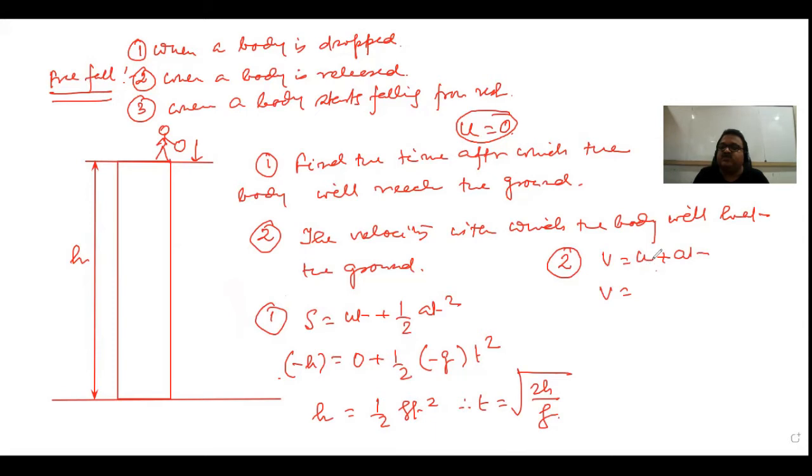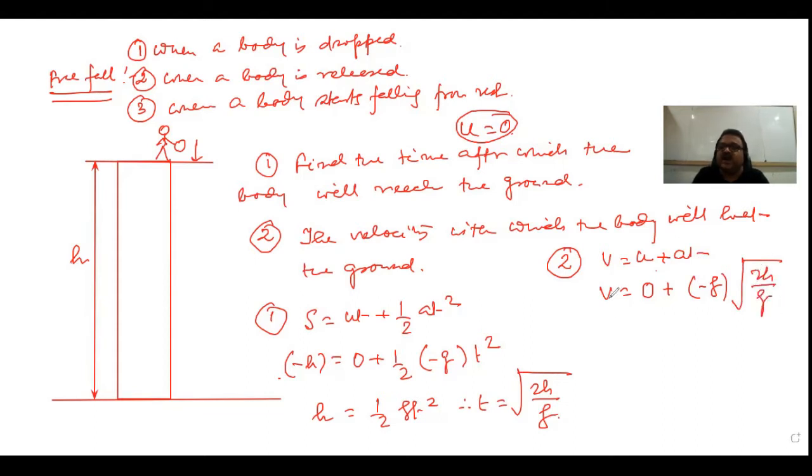What is the value of u? u is considered to be 0 here. Plus, look carefully, a is minus g, and t is root over 2h by g.